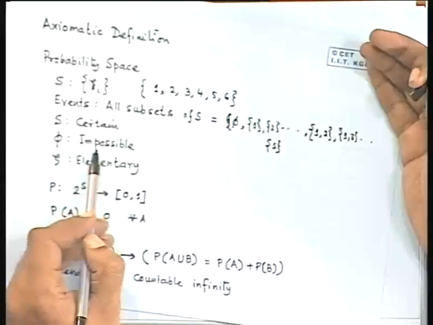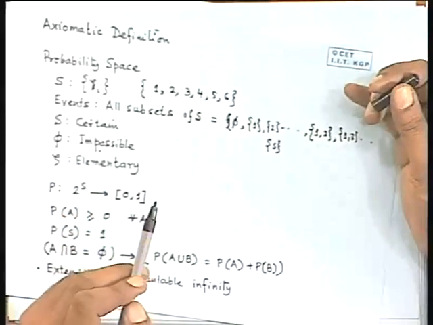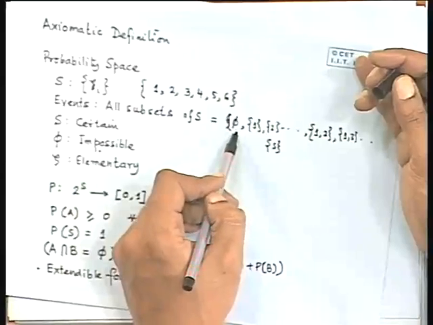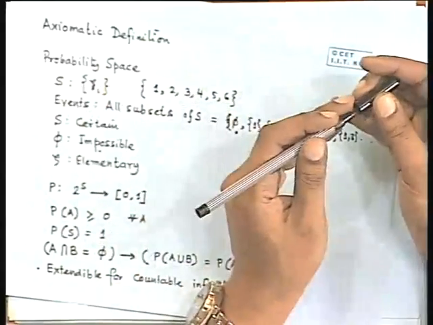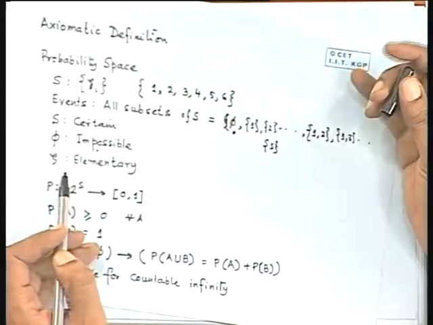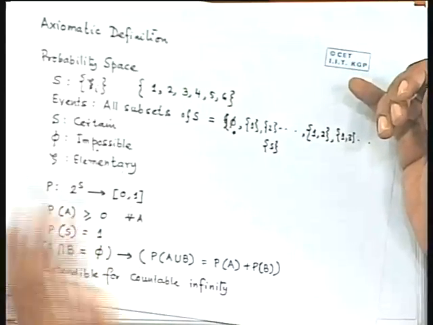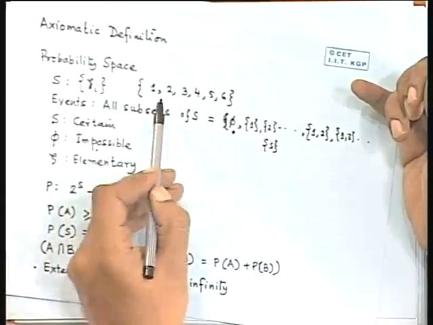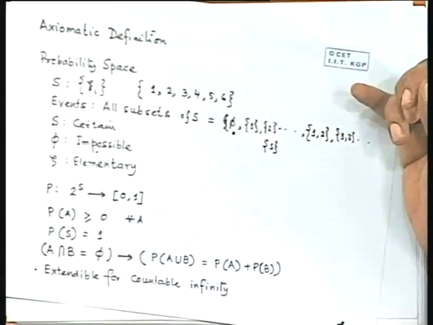And phi is called the impossible event, because if you toss a die, one of them will come, so the empty set cannot come. Remember that. By terminology, it is the impossible event, and these are the elementary events.